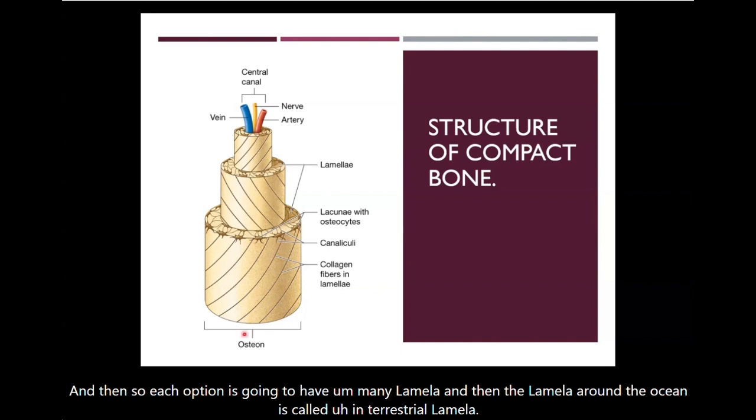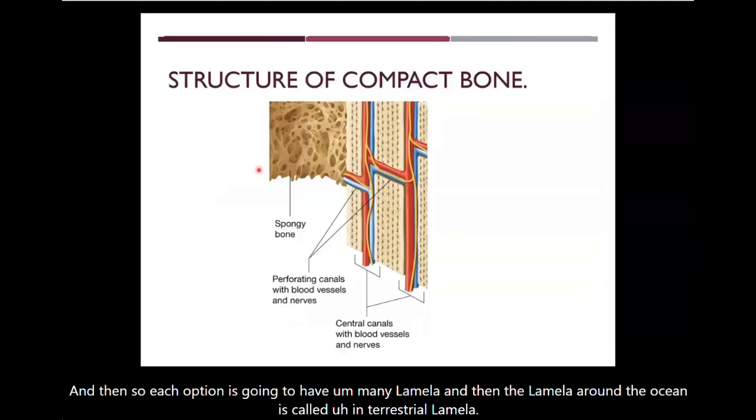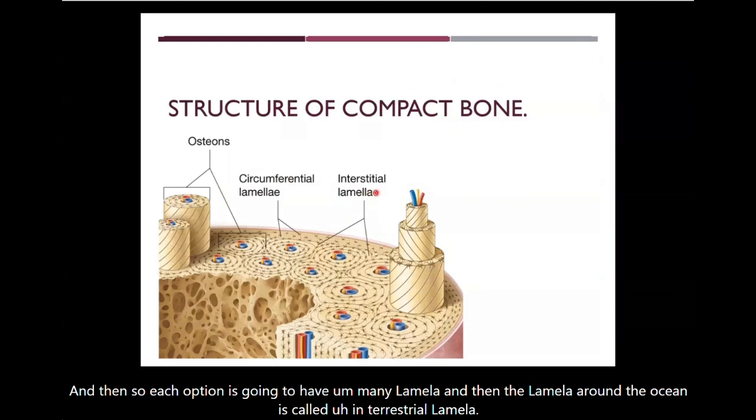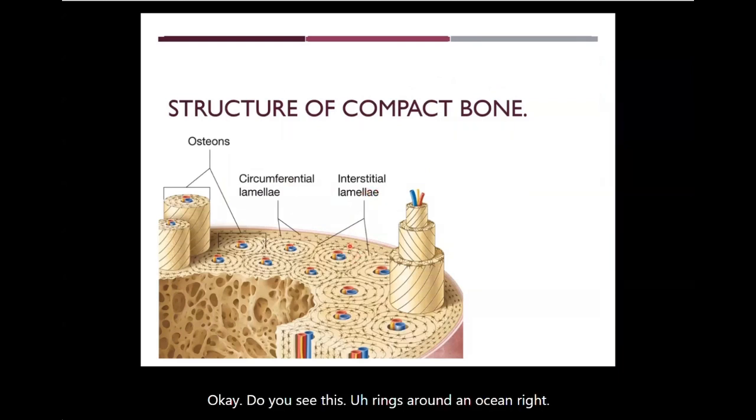And so each osteon is gonna have many lamella, and the lamella around the osteon is called interstitial lamella. Okay, do you see these rings around an osteon, right? Of course, we see osteocytes as well, but it's called what? Interstitial lamella. Also, I don't know if you can see it clearly, do you see there's also rings, but the ring is all around the bone.